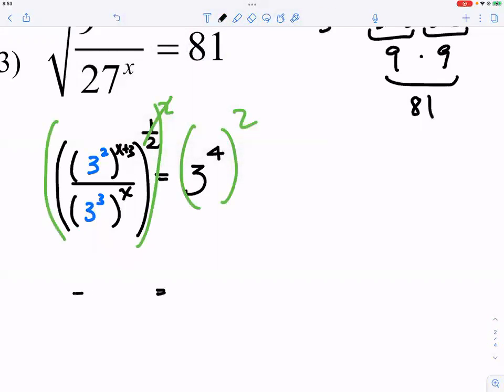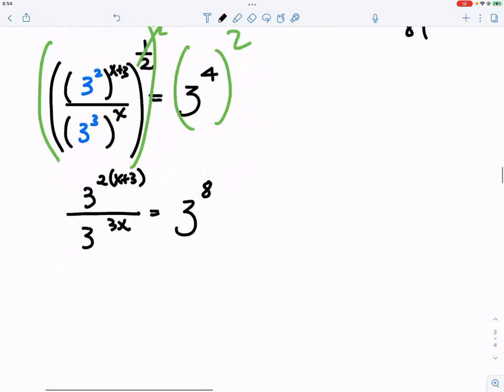So on the left, you have 3 to the 2 times x plus 3, 3 to the 3x. On the right-hand side, you have 3 to the what power? And then we continue to use our properties. So this is 3 to the 2x plus 6.